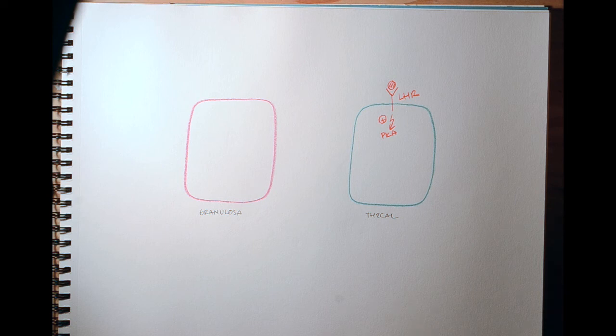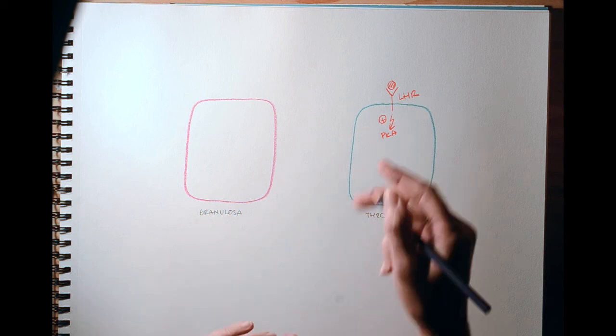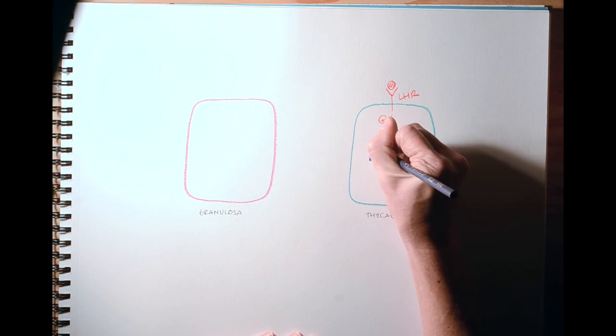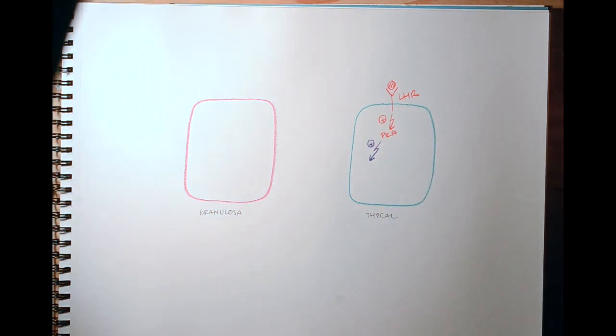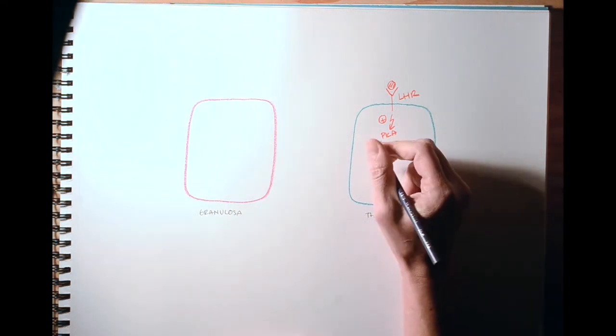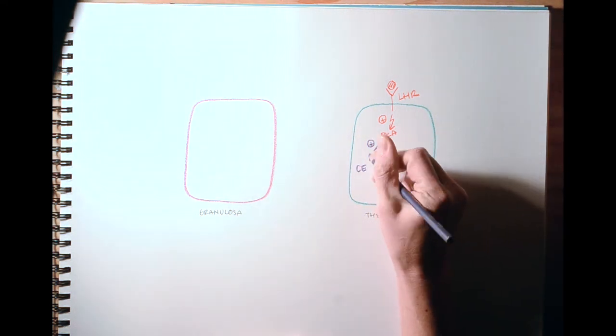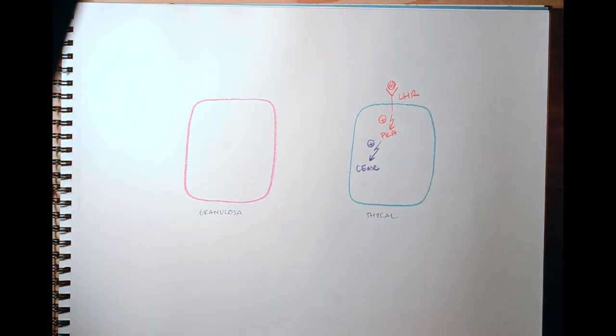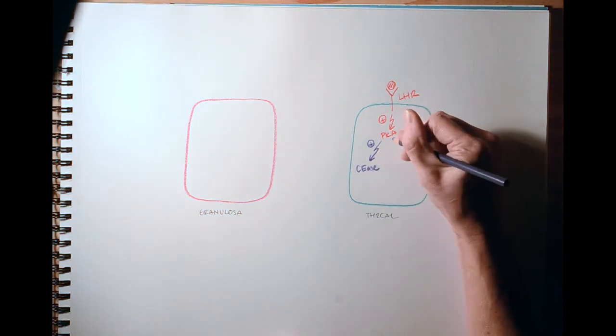And as a result of this activation of PKA, we're going to see a couple of important changes. Of course, these are changes that we've discussed in other cell types, such as the steroid hormone-producing cells in the adrenal gland, such as the testosterone-producing cells, the Leydig cells in the male testes. We'll see an increase in cholesterol esterase expression to liberate cholesterol from its cholesterol ester.